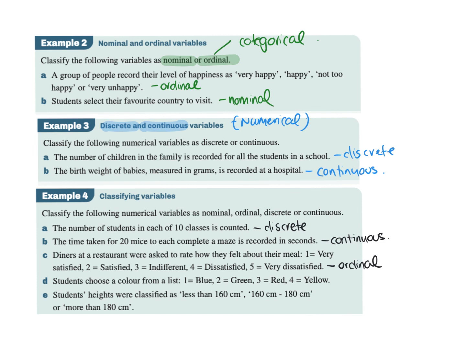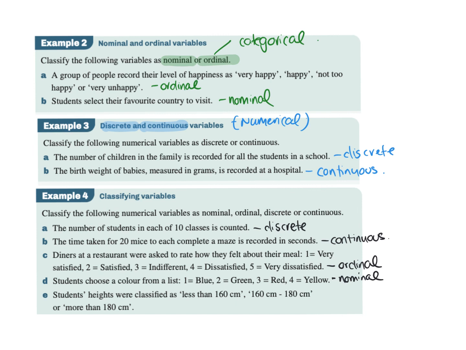So they asked them what their favourite colour was, but if you were blue, you said I'm a 1. But what is that? That'd be nominal. Yep. Excellent. So it's still a colour, so it's categorical. There's no real order to the colours, is there? We can't say red outranks yellow, so definitely nominal.